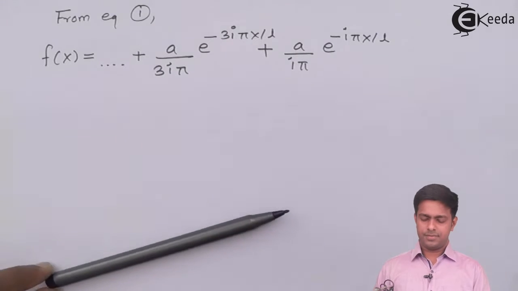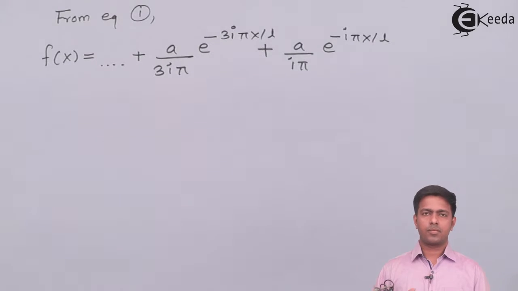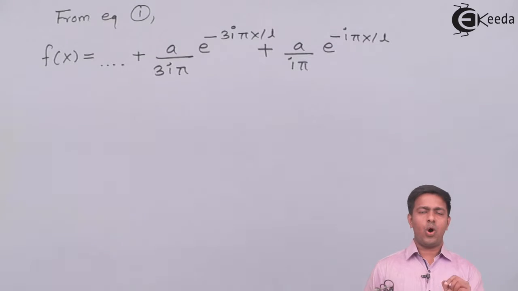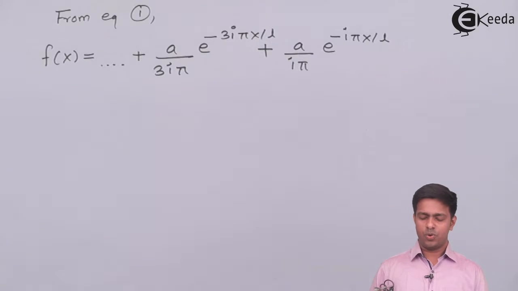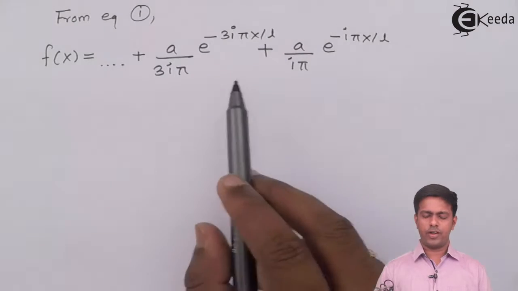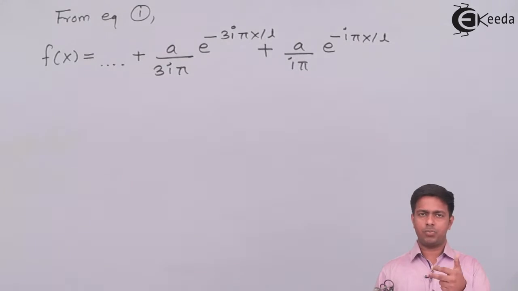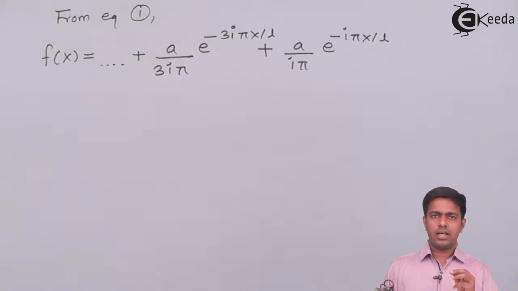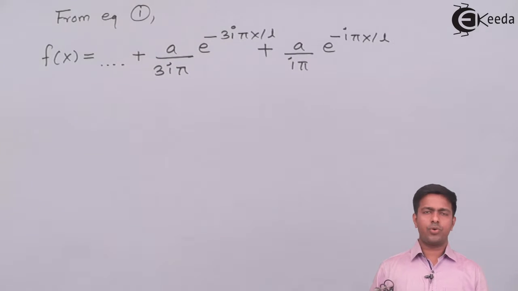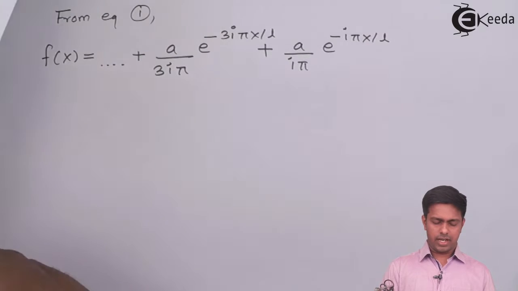So after this, the next value of n is 0. So guys, we got values for minus 3, then minus 2, minus 1, now 0. So for n equal to 0, we should have the value of C0.